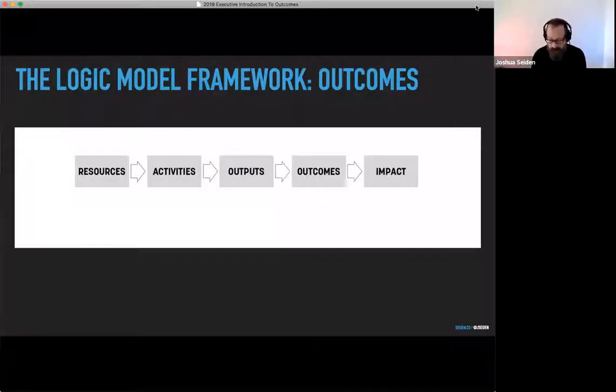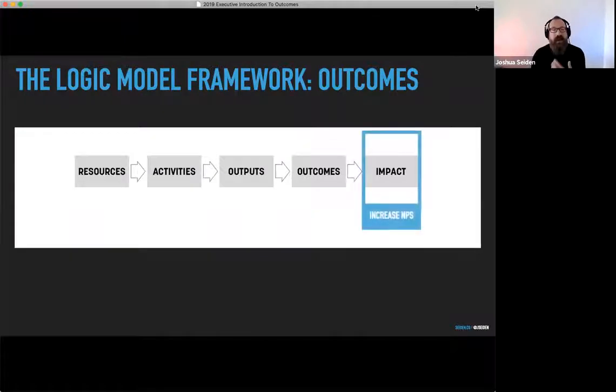Without getting into the controversy around net promoter score, I'm not going to talk about that, but that's what this team was tasked with doing, increasing their net promoter score. And so they came to me and they said, look, our mission, our impact here is to increase net promoter score.